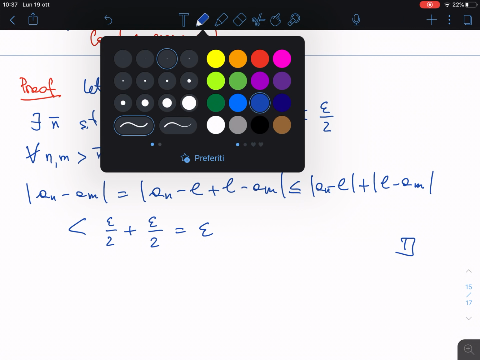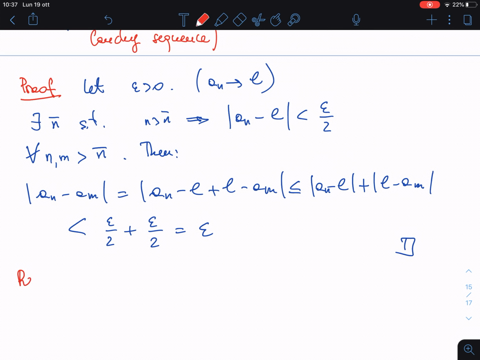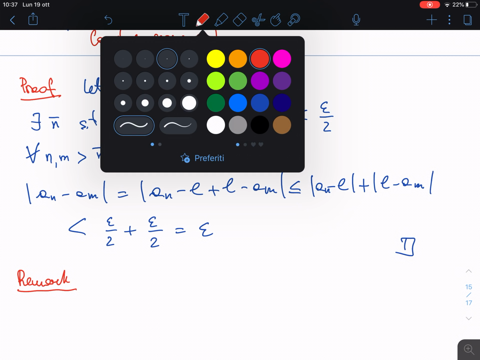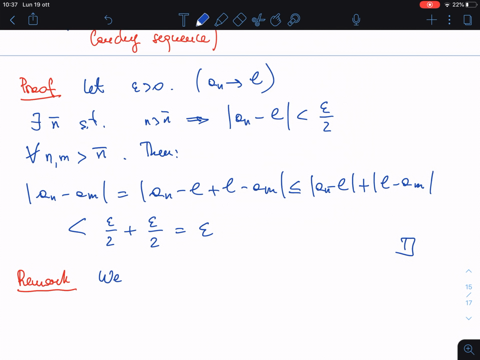Another remark is the following. We proved that convergent implies Cauchy.